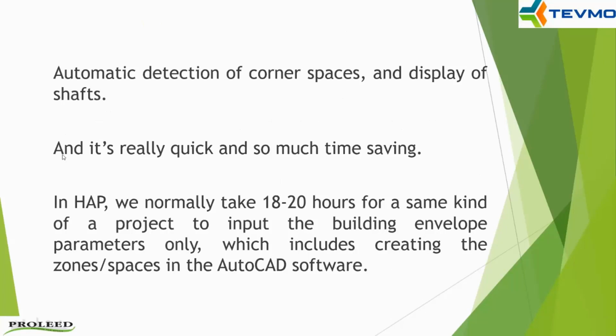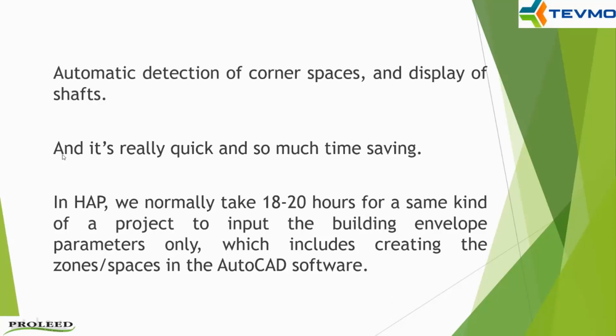So I appreciate that. And it automatically detect the corner spaces and also display the shafts, as rightly Victor said in his presentation. But again, what I have found is it was detecting the balconies also as a space, which may be the corruption from the architectural Revit file.